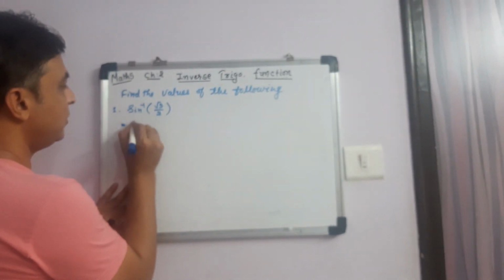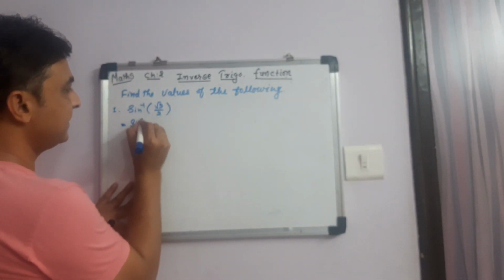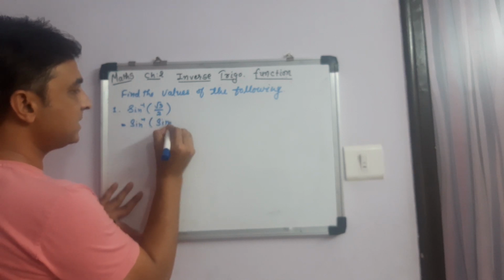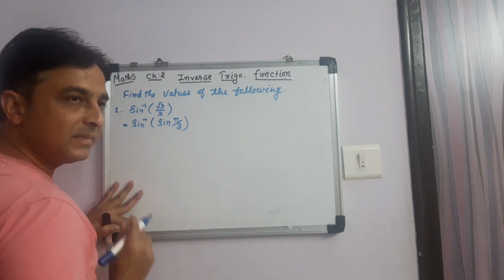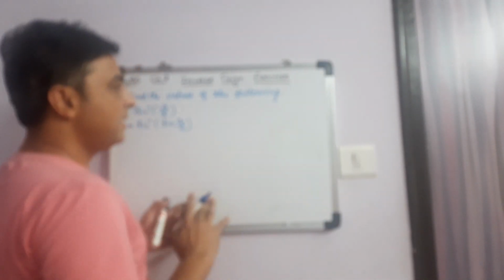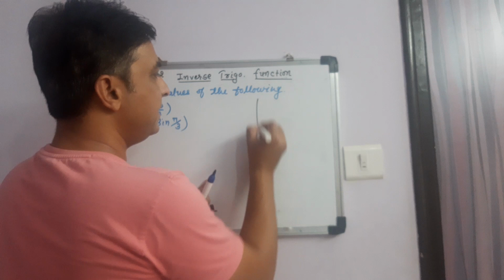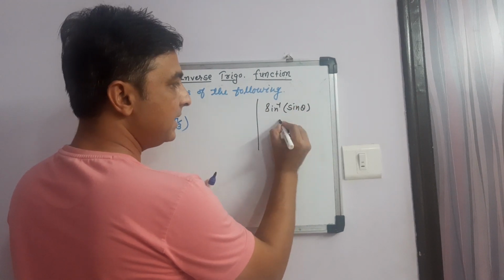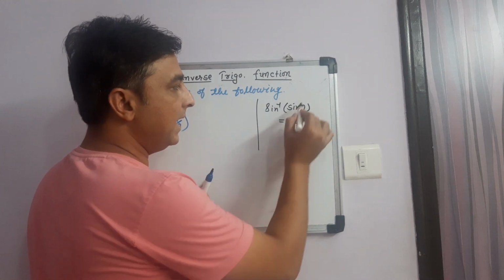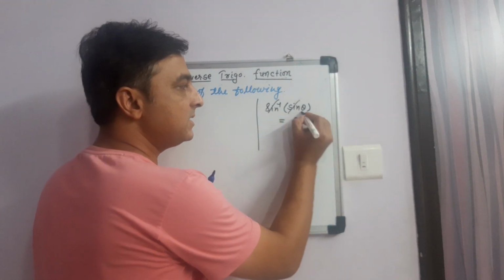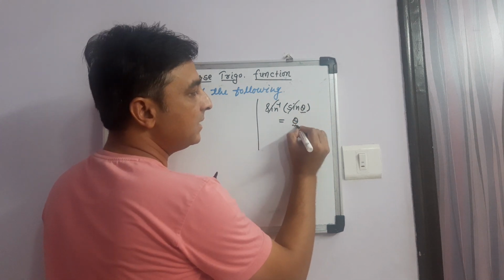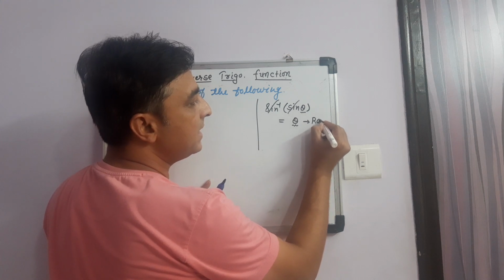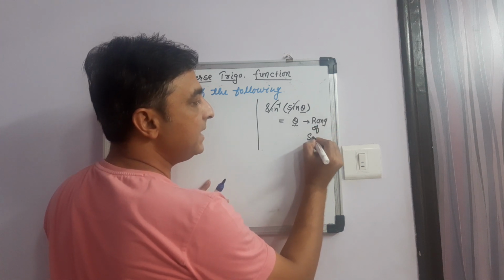So we know the value of root 3 by 2 is sine pi by 3. Here in an inverse function, sine inverse sine theta equals theta. The sine and sine inverse will cancel for that theta. But that theta must be in the range of sine inverse.